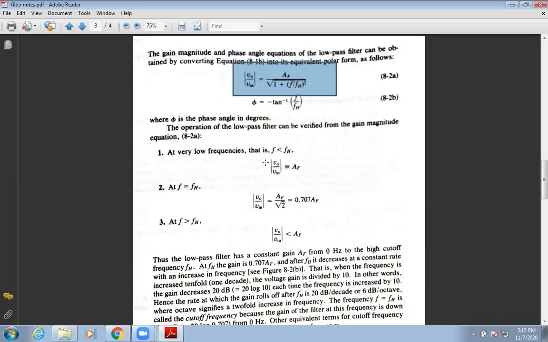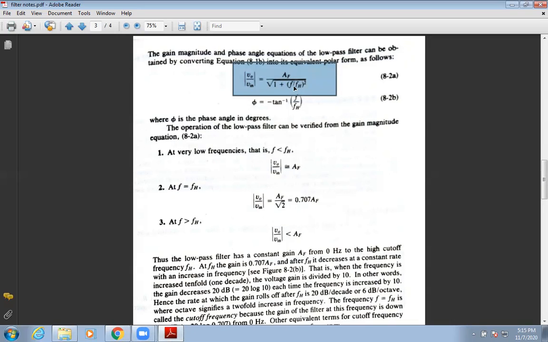At low frequency, if f is less than fH, we can neglect this term and we obtain the gain of the filter as a function of frequency approximately equal to AF, that is the pass band gain of the filter.